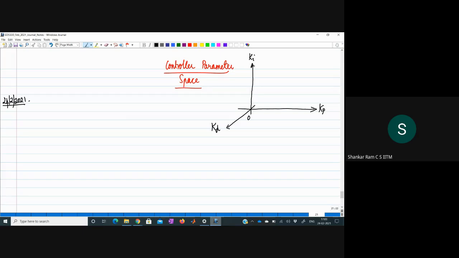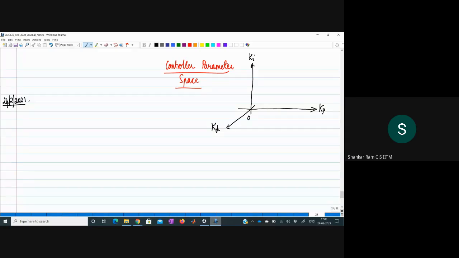So if you recall where we stopped in the previous session, we were looking at the PID controller, and we looked at the characteristics of each component of the proportional, integral, and derivative controller. We also looked at how the control design problem essentially boils down to selecting the controller parameter, or what we call controller gain, right?